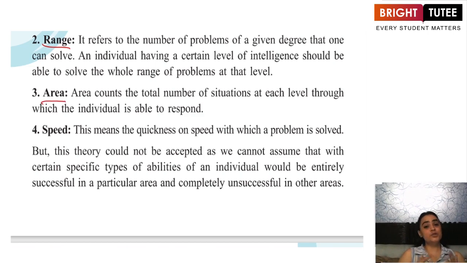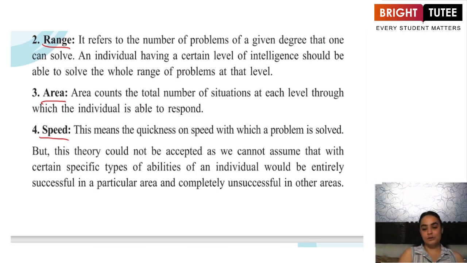The number of situations, at each level, to which the individual has to respond. At every level, what all situations is a person supposed to deal with and find a solution to? That also is going to determine your intelligence. And at the end, it was your speed. How quickly you were able to solve the problem also determined your intelligence.